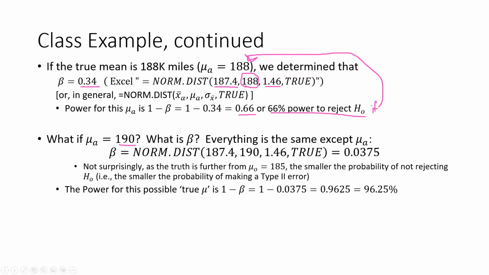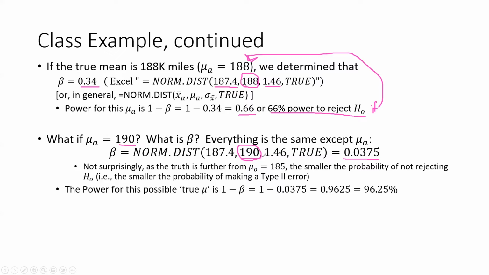So what if it's actually bigger? What if it's 190? What's beta? Well, everything's the same in our normal distribution function, except the truth. We change out the 188 and now we put a 190. And when we do that, we get that the probability to the left of that 187.4 is just 0.0375. And this is not surprising. As the truth is further from 185, here 190 being the truth, our null hypothesis is becoming increasingly wrong.